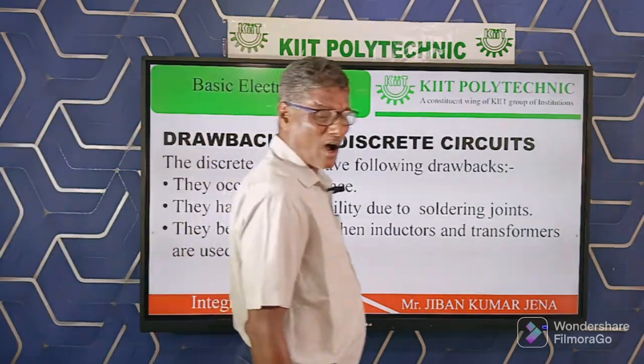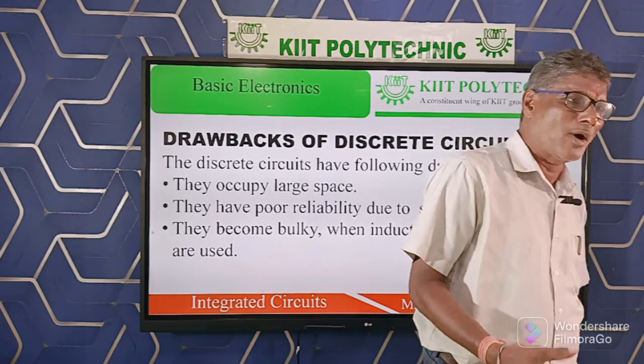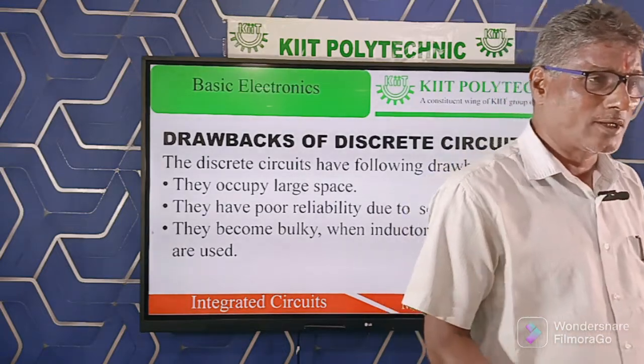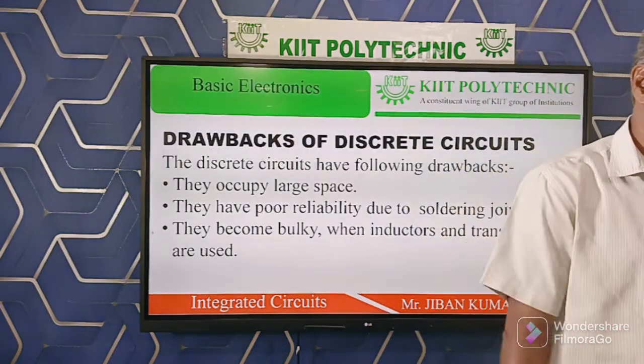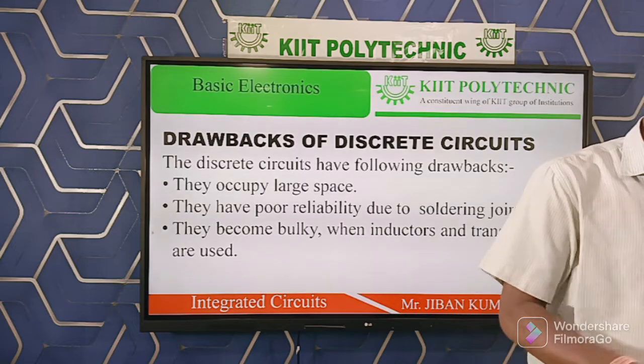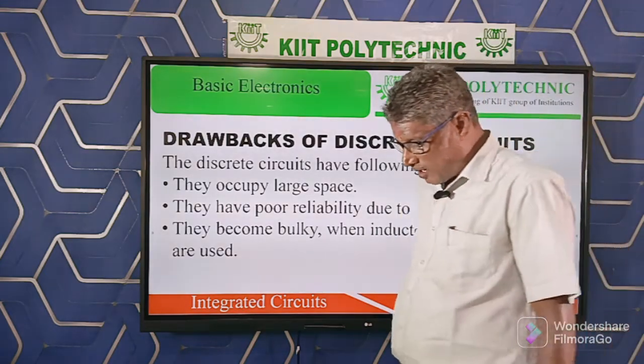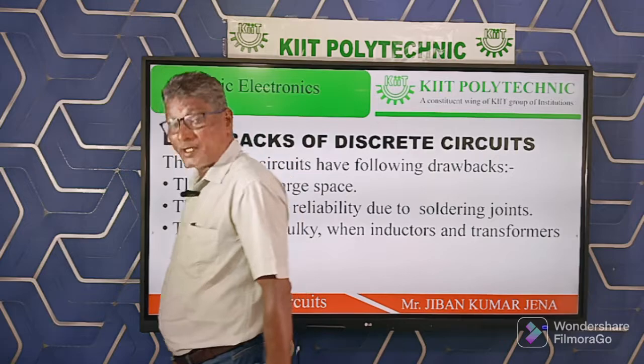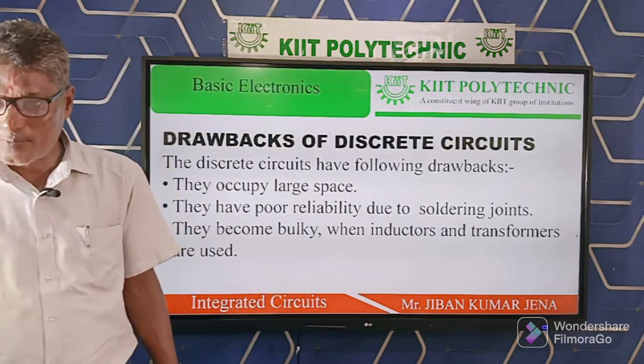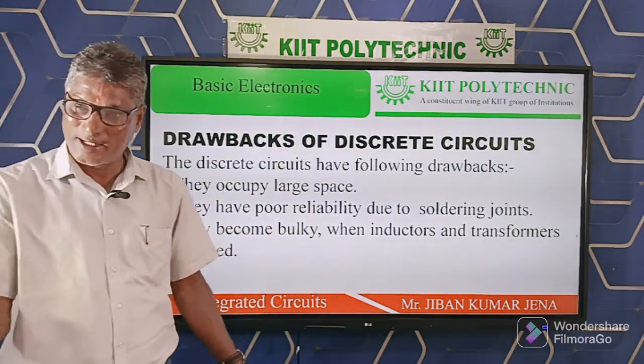Next, they become bulky when inductors and transformers are used. Bulky means, its original meaning is heavy. You have known that we use the inductor or coil and the transformer in the discrete circuit, externally.